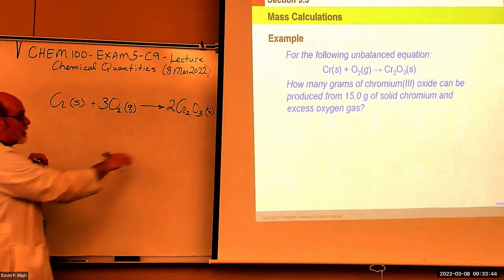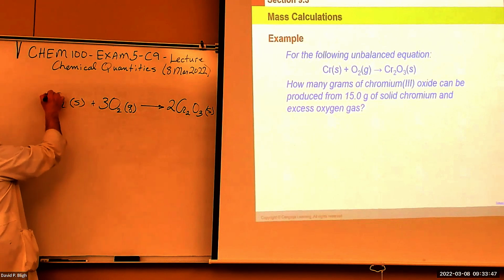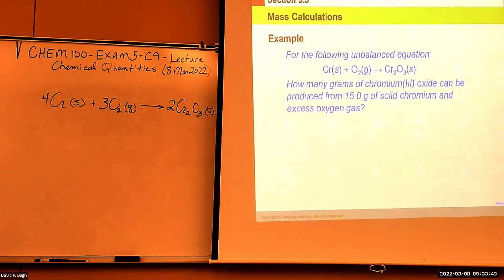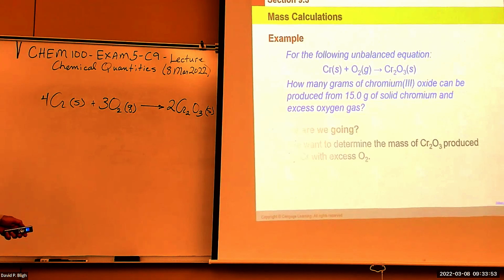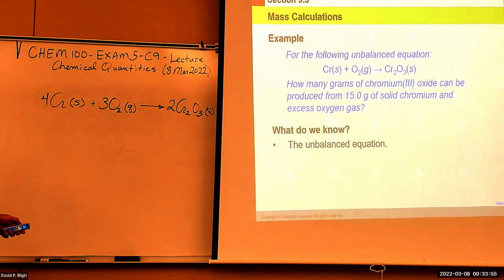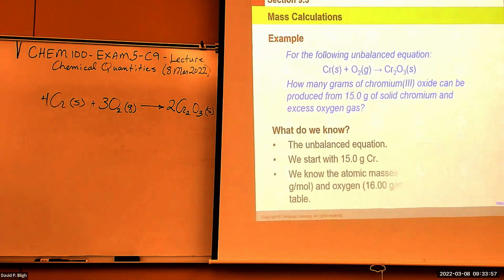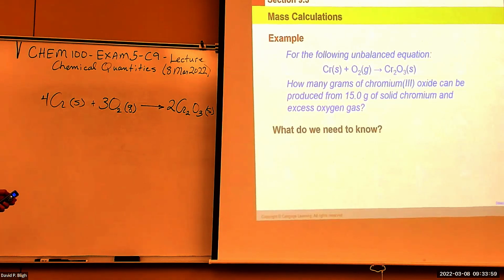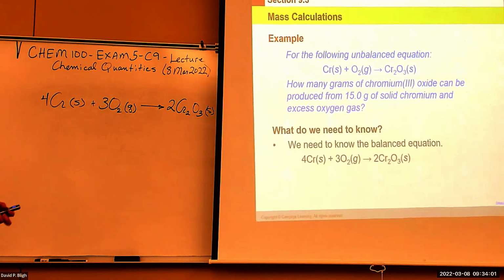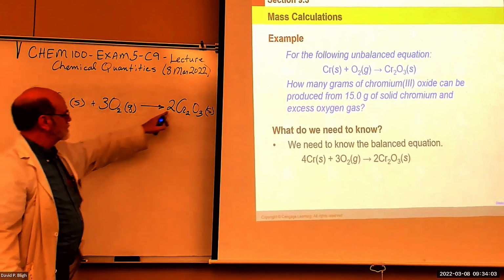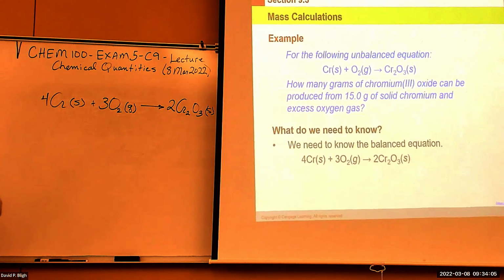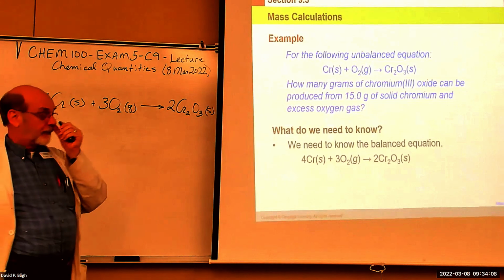Now we have 4 chromiums. We just need a 4 right there. So that's the balanced equation. There it is. 4, 3, 2. Those are the mole ratios of the reactants and products.